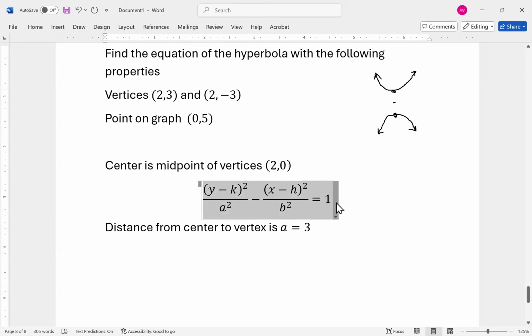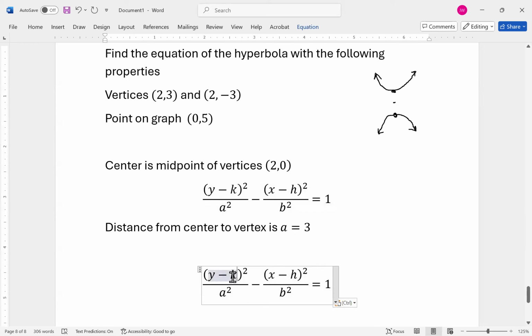So now I know what my equation is going to look like, except for the b part. I know that the center is at (2, 0), so h is 2, k is 0. That's just going to be y squared when I take y minus 0 and square it. And I know that a is 3, so a squared is going to be 9.